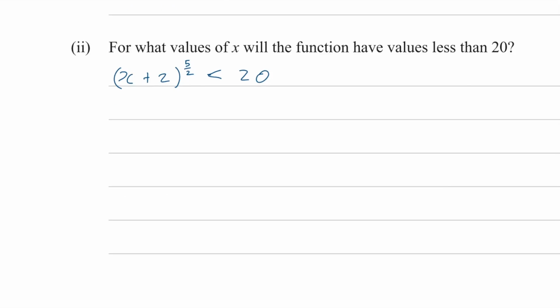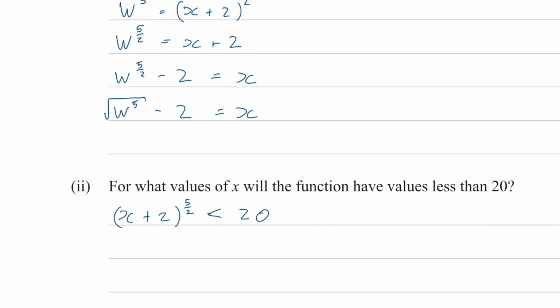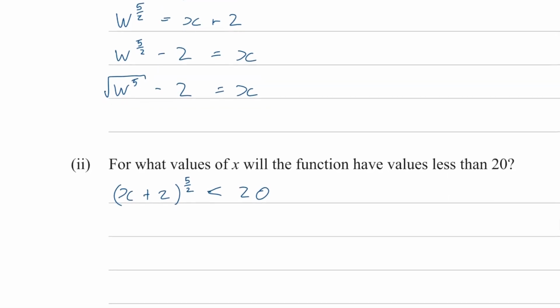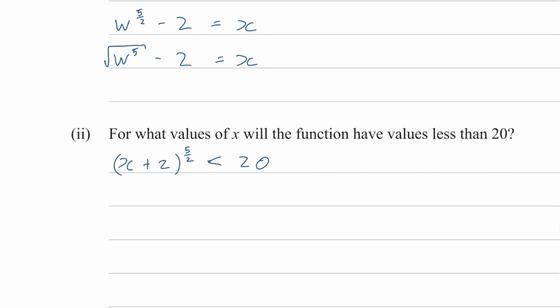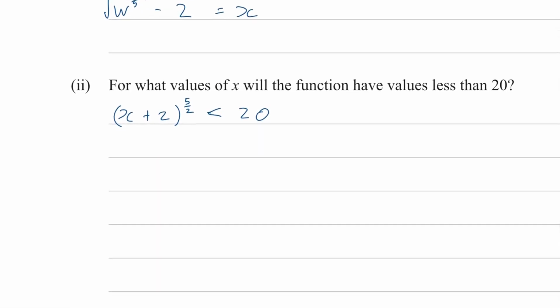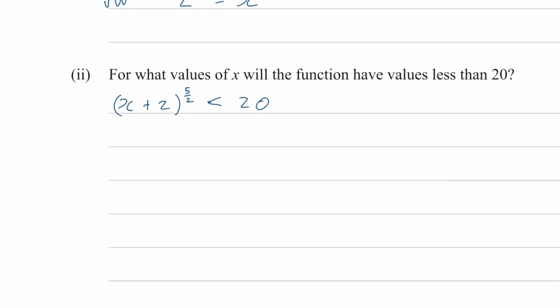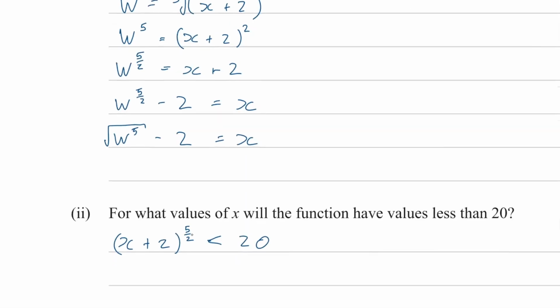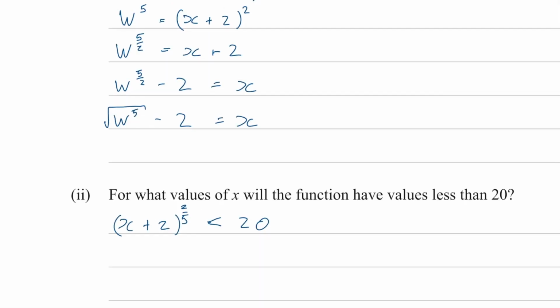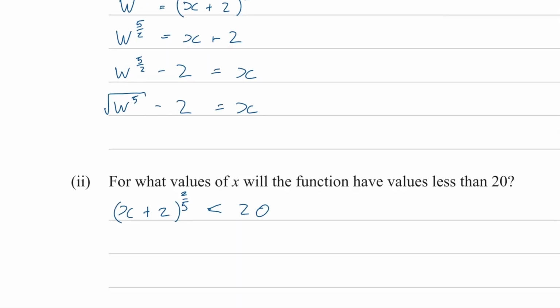So just like before, we can rearrange for x, but this time, instead of in terms of w, it'll be a number because we put 20 in for w, and instead of equals x, we'll have an inequality. So let's square both sides and then take the fifth root. Oh, wait, I got it backwards. 2 over 5. Let's raise both sides to the power of 5 and take the square root.